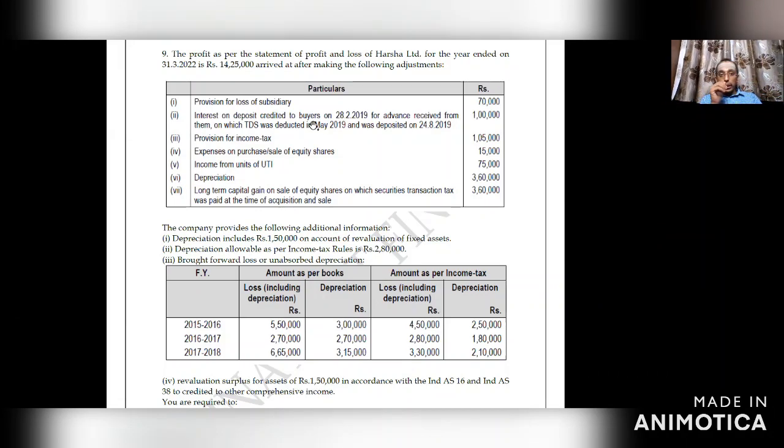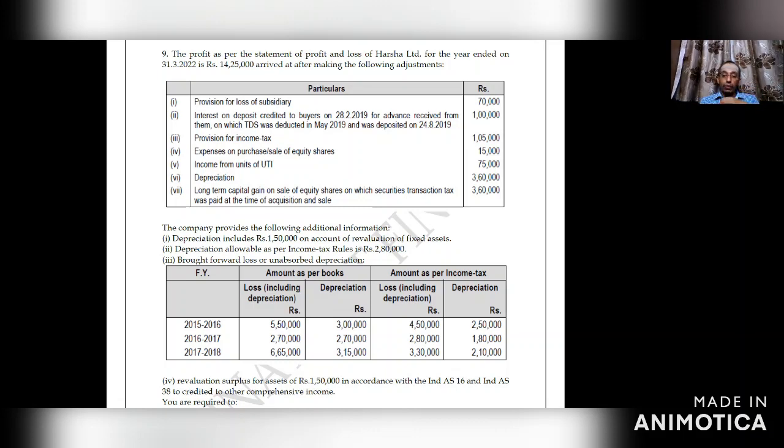It says the profit as per the P&L account of Harsha Limited for the year ended 31st March 2022 is rupees 14 lakh, arrived at after making the following adjustments: provision for loss of subsidiary, interest, provision for income tax, expenses on purchase and sale of shares, income from UTI, depreciation, long-term capital gain on which STT has been paid at the time of purchase as well as sales.